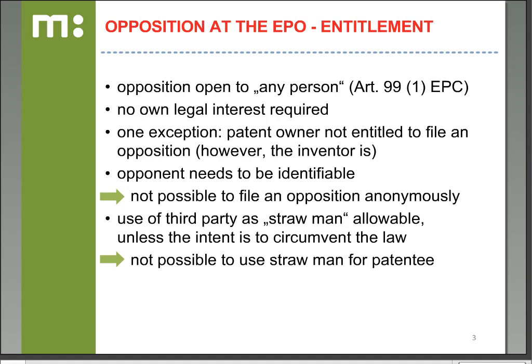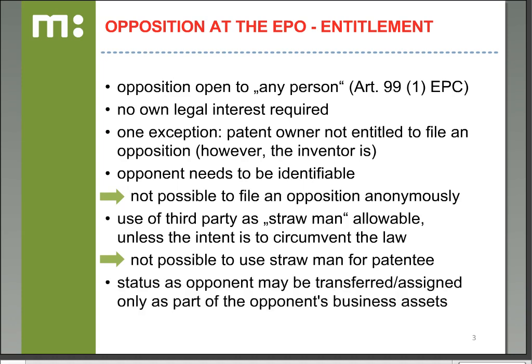And of course, usually you use a straw man that is not linked to your company, meaning that you don't use your standard European representative for filing the opposition. Usually you use another patent attorney law firm, and they just file the case and hand in the statements, but your company and your standard representative stay in the background.